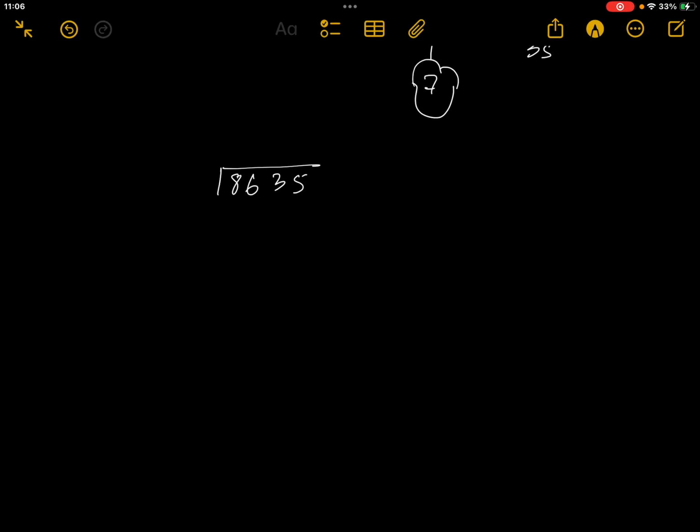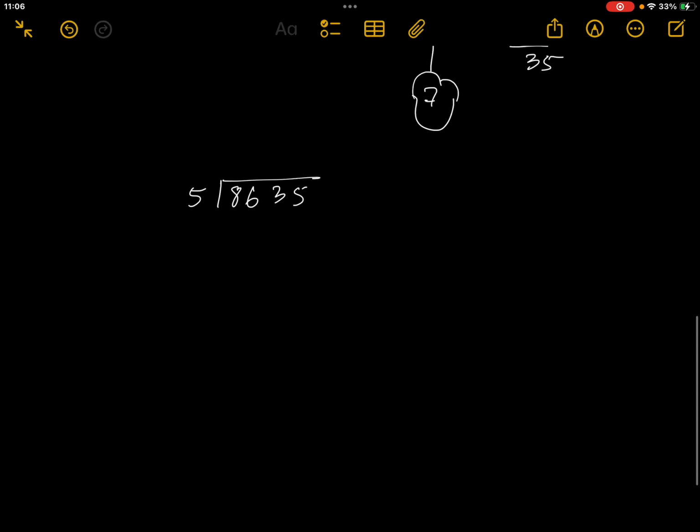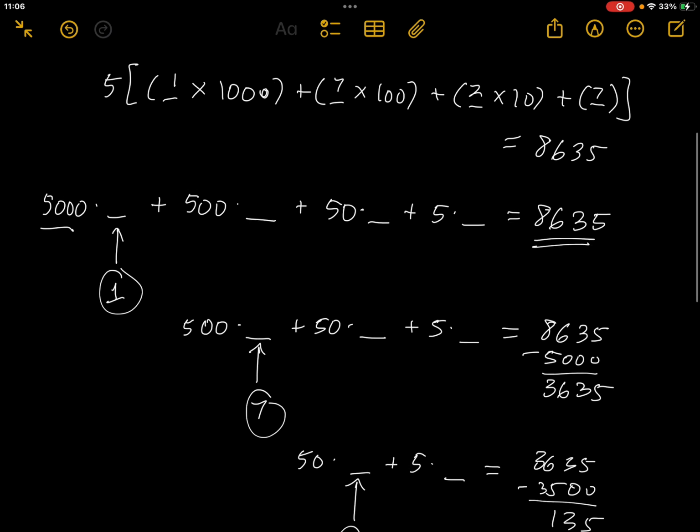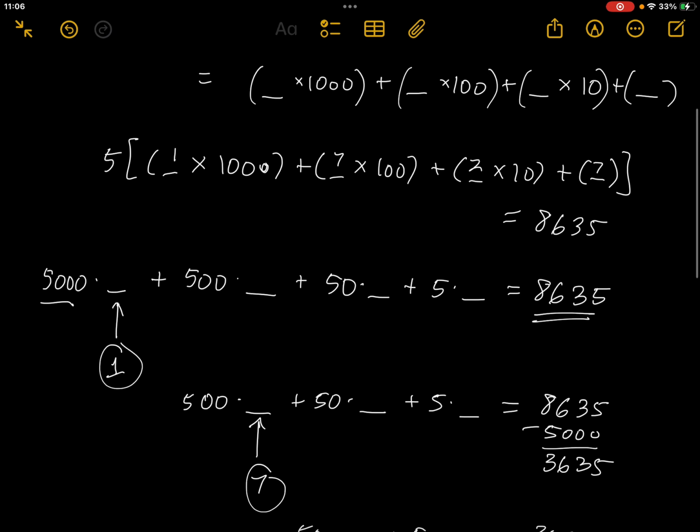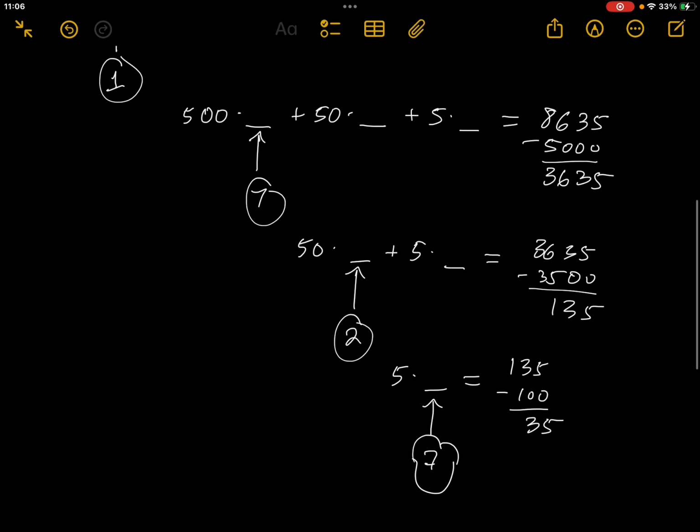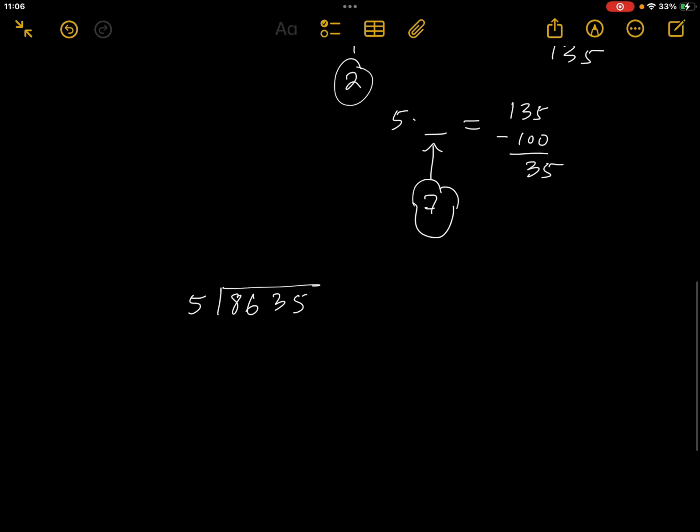And I'm going to write it like this. Okay. So the first number was 1, and I saw that because 8,635 is between 5,000 and 10,000. Well, I can actually see that I'm going to get a 1 here because 5 times 1 is 5, and 5 times 2 is 10, and 8 is between 5 and 10.